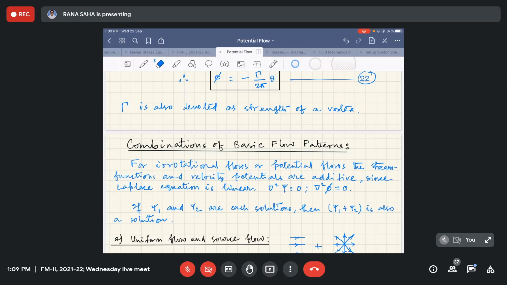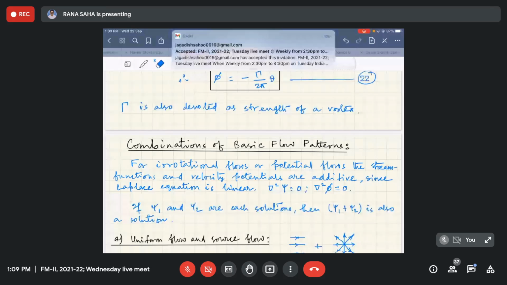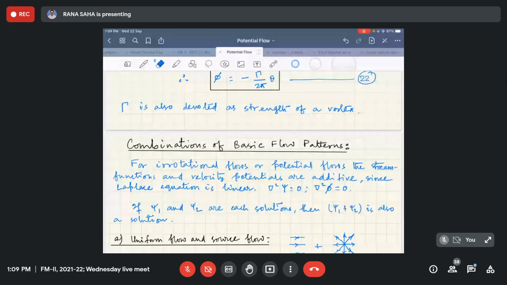What is the stagnation point? It is where the flow velocity becomes zero. In terms of head also, we have the stagnation head.